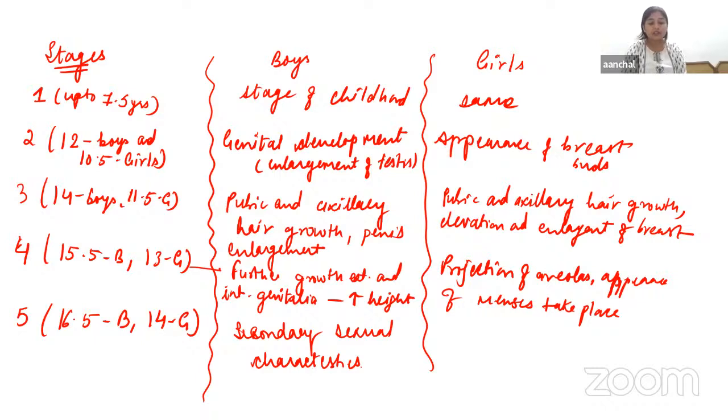Okay. Then in females, in the last stage, it will lead to adult genitalia with secondary sexual characteristics. Okay, and what are those secondary sexual characteristics?